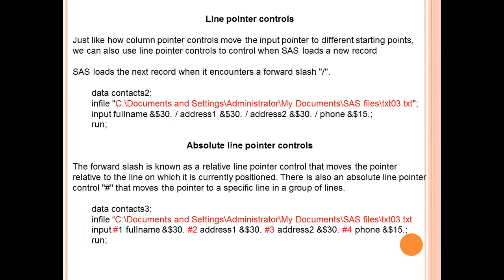Just like column pointer controls move the input pointer to different starting positions, we can use line pointer controls to control when SAS loads a new record.